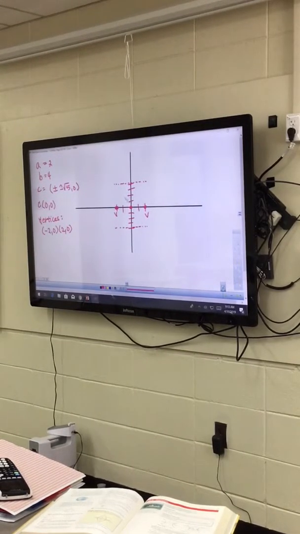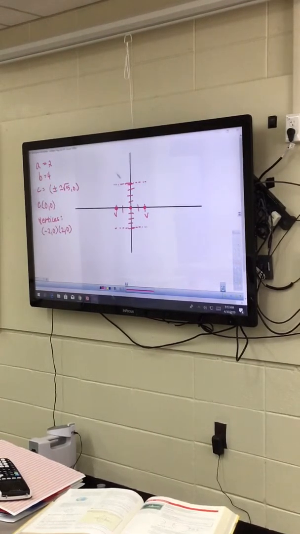Is that the transverse axis at the dotted line? Yes, this line, the transverse axis, is the horizontal axis. All I'm doing is showing you we're about to make a rectangle, and your asymptotes go through the vertices of that rectangle. You make that rectangle by your a and your b.